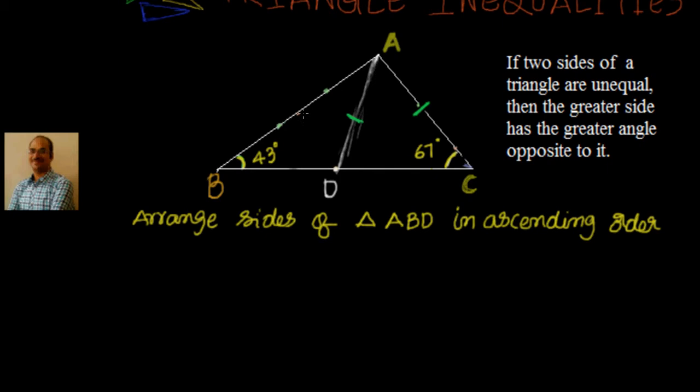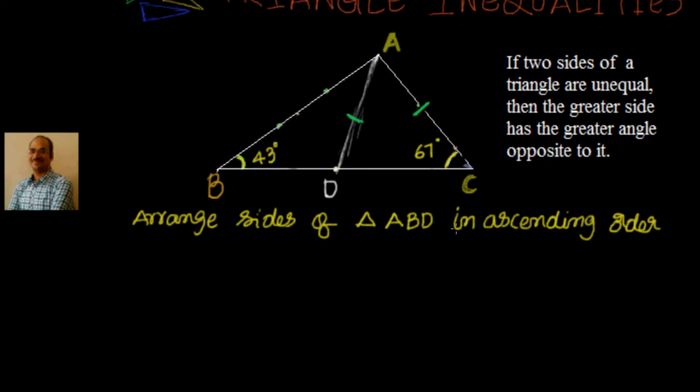Here we have a triangle ABC, in which we have another triangle ADC, and we have been given AD is equal to AC, and we have been asked to arrange the sides of triangle ABD in ascending order.